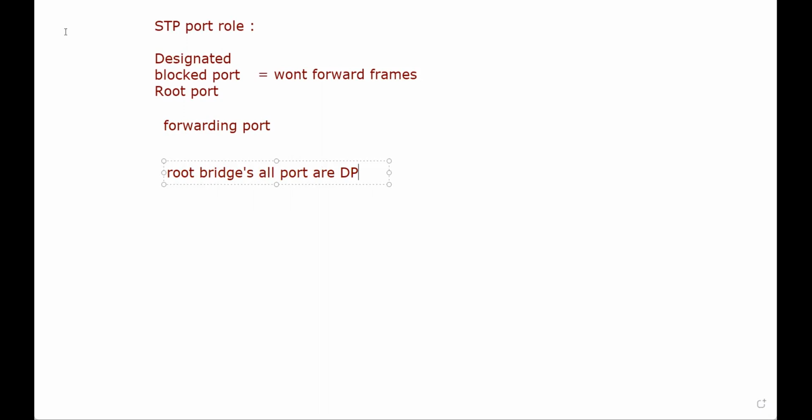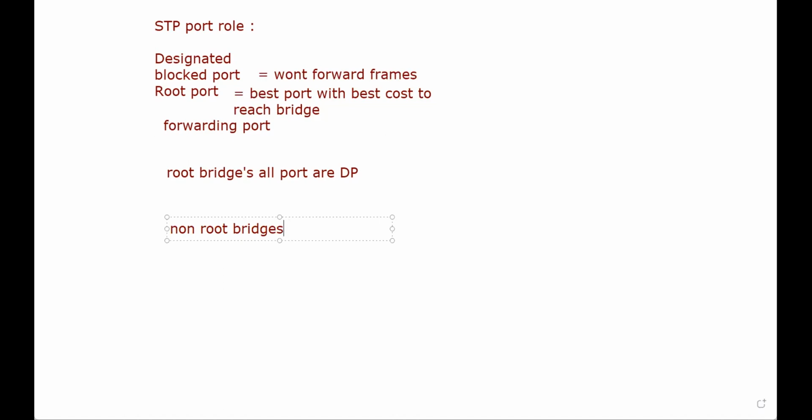Okay, a root bridge always has designated ports. Now, what is a root port? A root port is the best port with the best cost to reach the root bridge. So a root port is the port that is always made on non-root bridges.